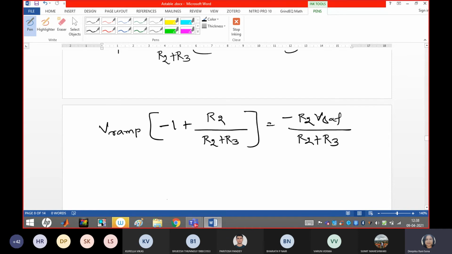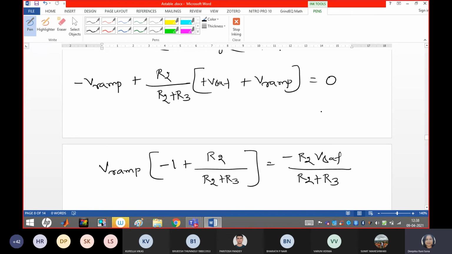Any sign I have missed out or it is correct? Check your equation and tell me. I'm just showing you two equations. Yes, it is correct.